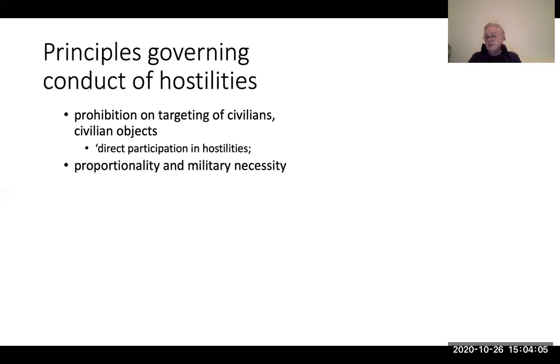But I think the better view, in my humble opinion, and one that's more consistent with human rights as well, is that even soldiers have rights. They have a right to life, and they shouldn't be killed gratuitously. They can only be killed as is necessary. And these are these principles of proportionality and military necessity.